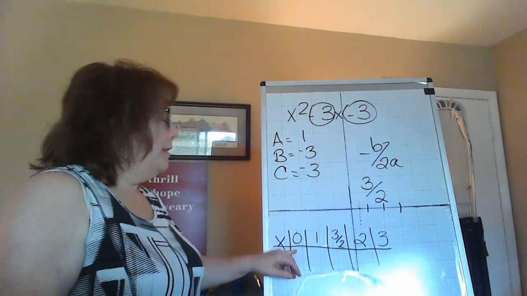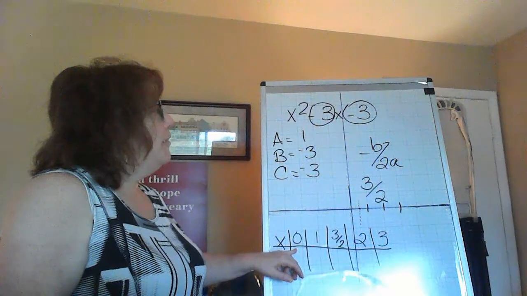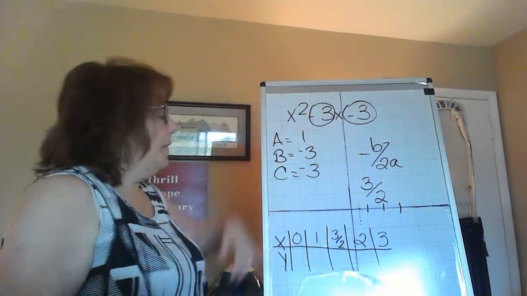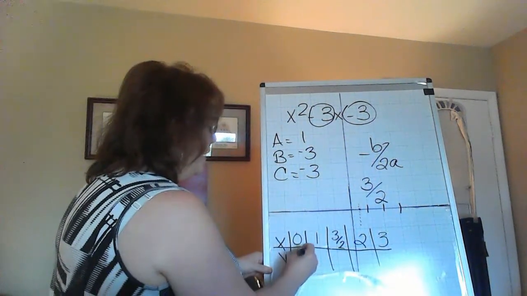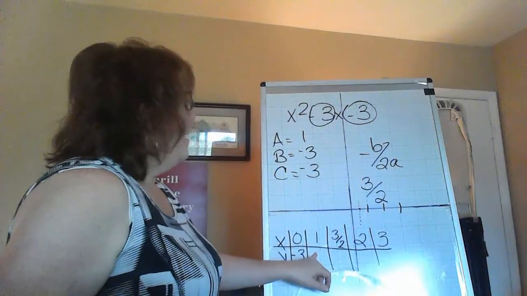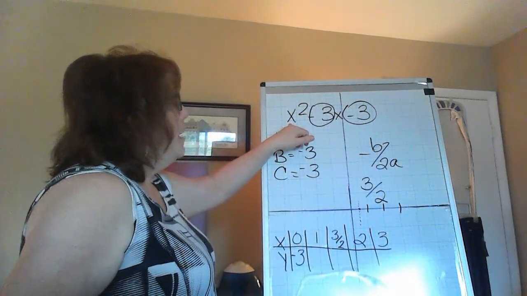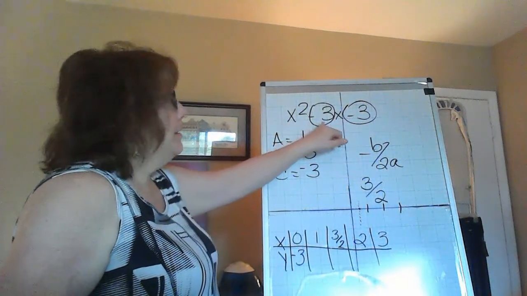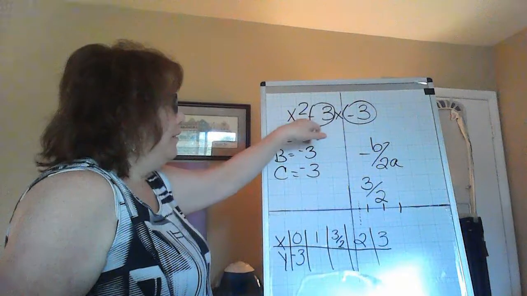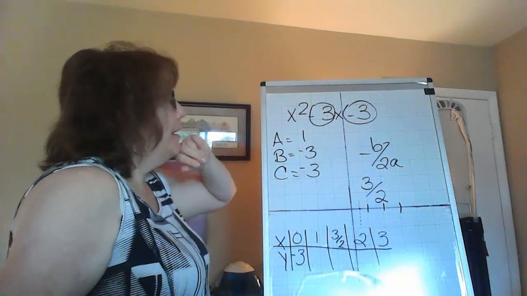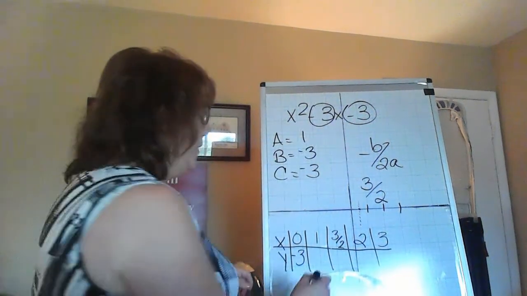I always like to start with the 0. So if I put 0 in there, I'm left with negative 3. For 1, I'm going to have 1 minus 3 times 1. So 1 minus 3 is going to be negative 2, minus 3, negative 5.